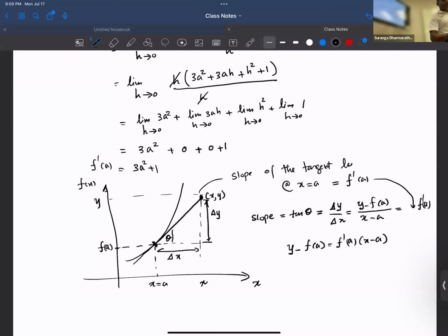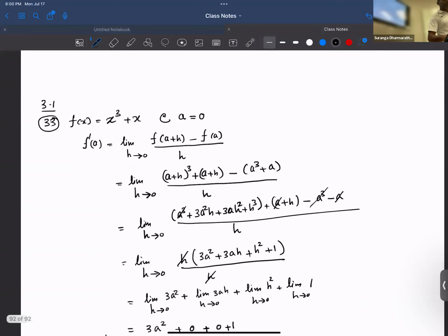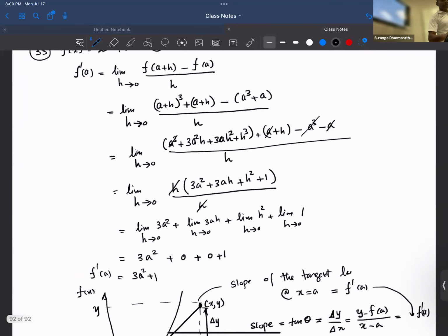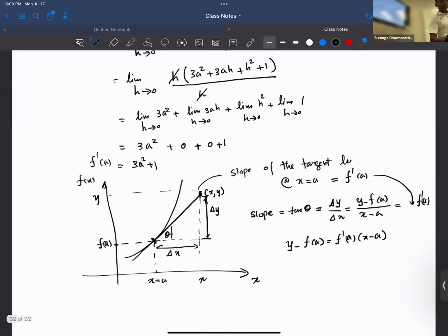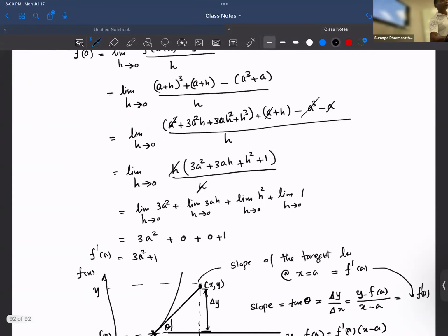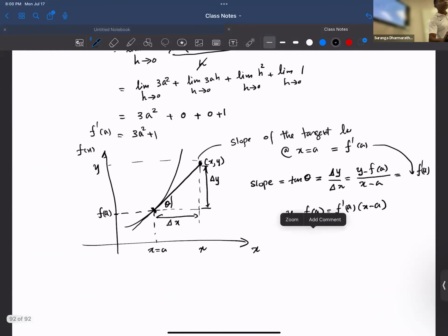So what is the a given in this problem? A equals 0. So what is f of 0? Sorry, f of 0 is equal to what? 0. That's right. So a equals 0, then f of a is equal to 0.